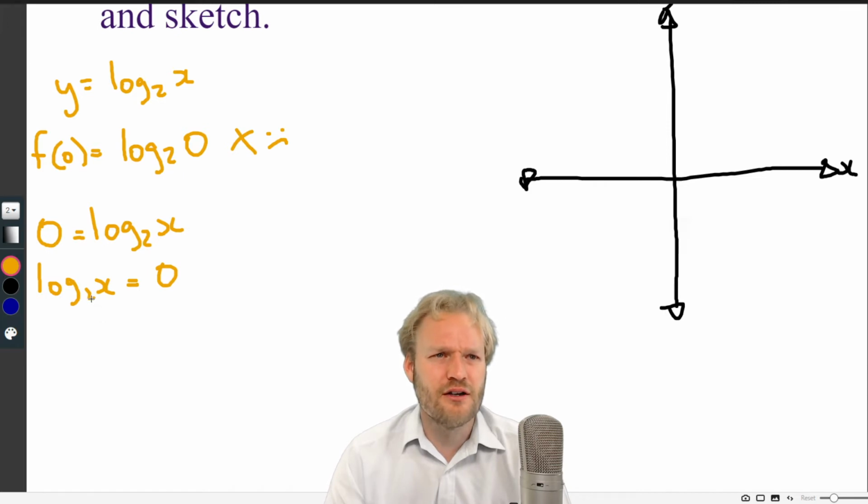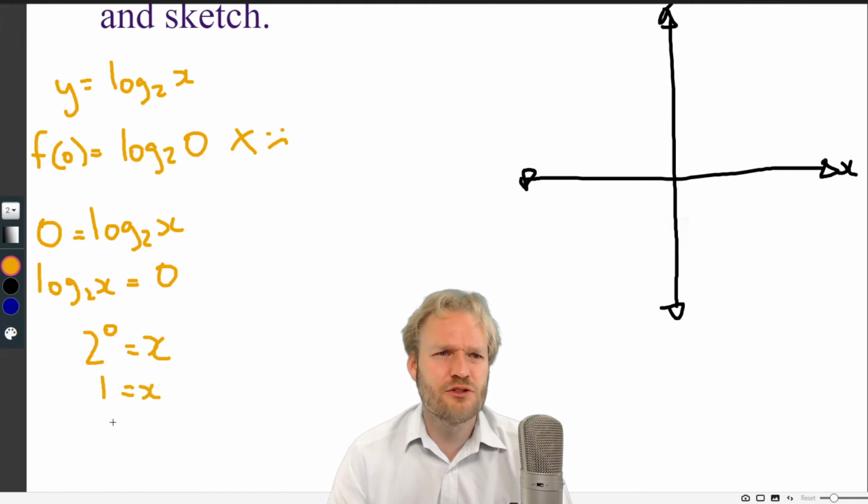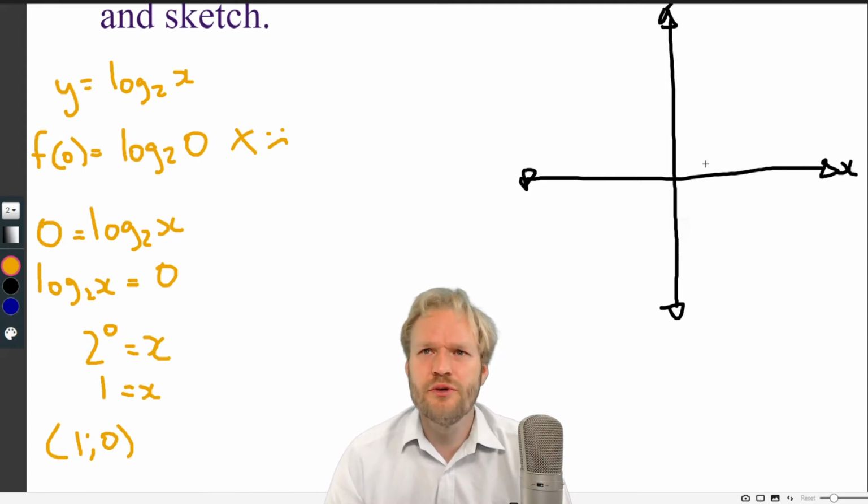So this is 2 to the 0 equals x. But 2 to the 0 is just 1. So x equals 1. In other words, when x is 1, y is 0, or when y is 0, x is 1. So we know that we've got this point on our graph, 1, 0.